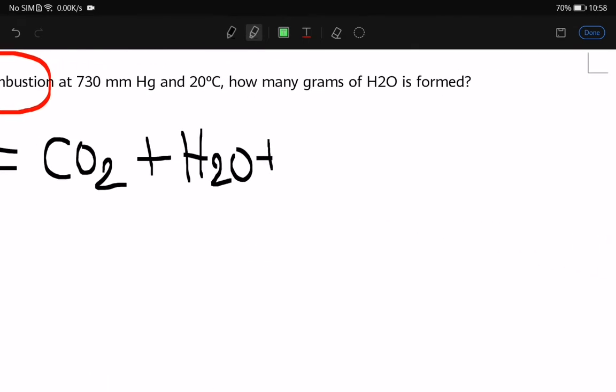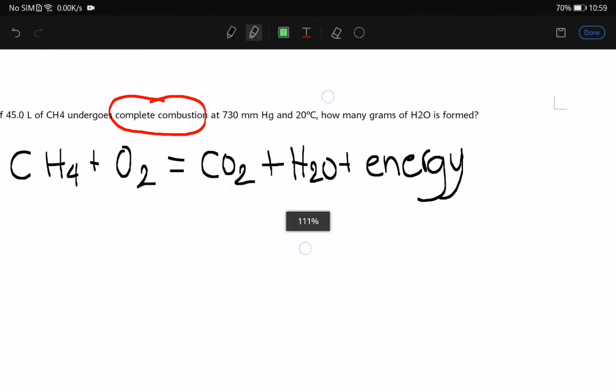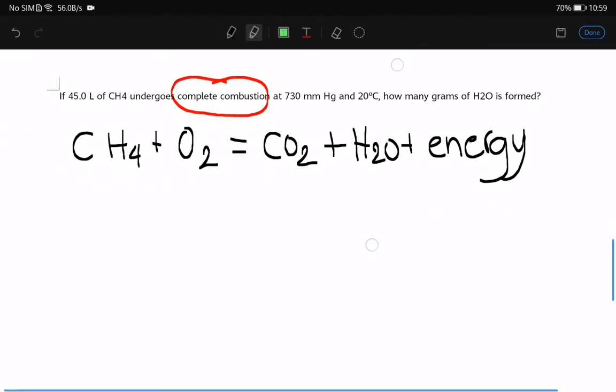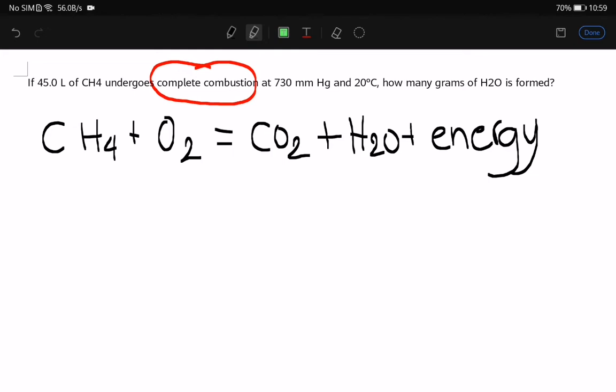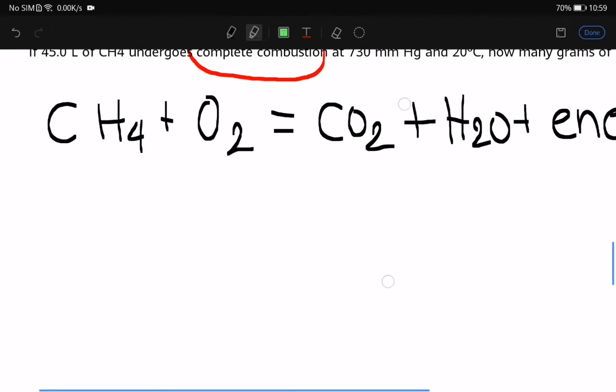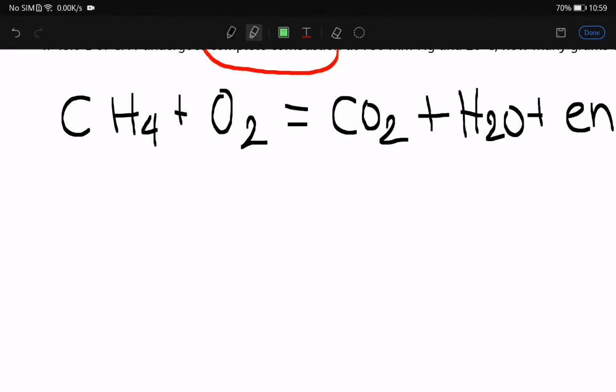But we will disregard that. Lagay lang natin dahil ito yung equation talaga. So, might I ask you, is the equation balanced? No. Okay. It's not balanced.